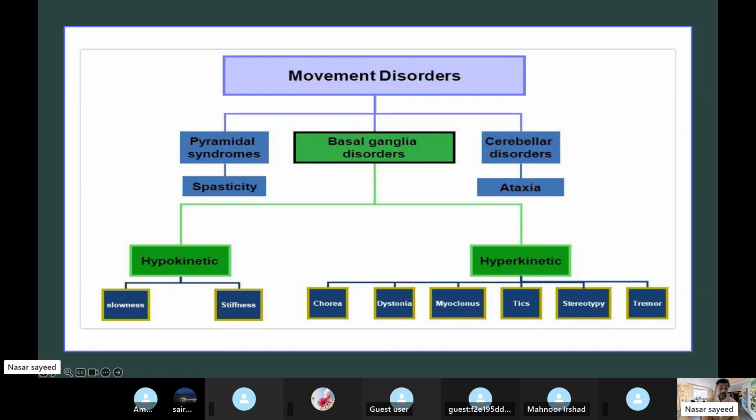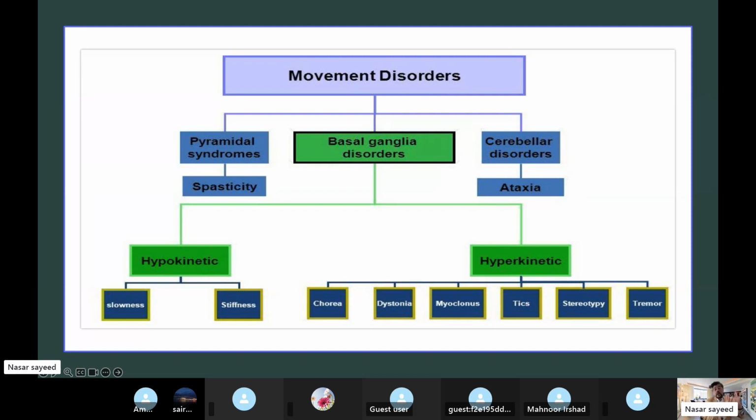If it is tics, this means that this is hyperkinetic disorder from basal ganglia leading to movement disorder. But if it is stiffness, then it is hypokinetic, originating from basal ganglia, and it is a movement disorder.